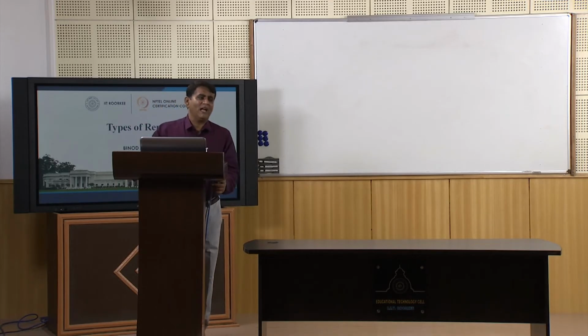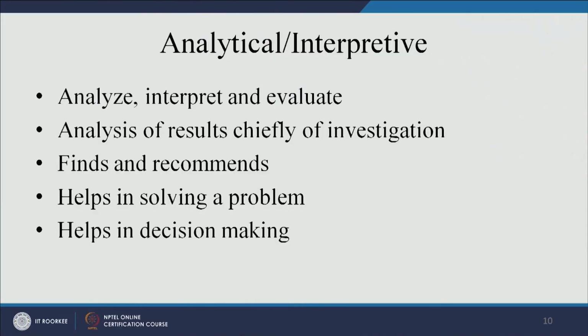Now, such pieces of information may at times be very routine in nature. But another sort of technical report, which is of utmost importance, is the analytical or interpretive report. How is it different from an informative report?